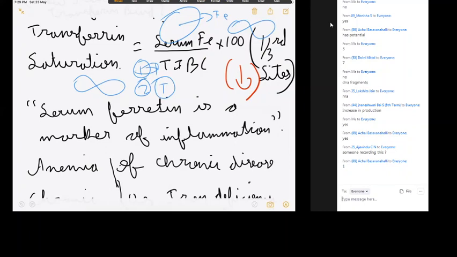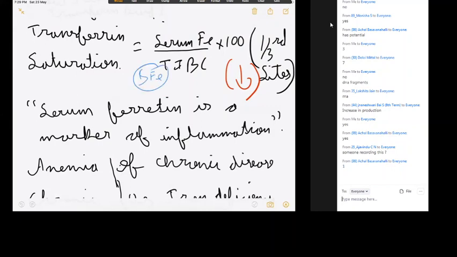Okay. Now when we take a ratio, what was serum iron? How much is coming out? And what is my TIBC? How much is getting bound? TIBC is how much transferrin I have. Very simple.